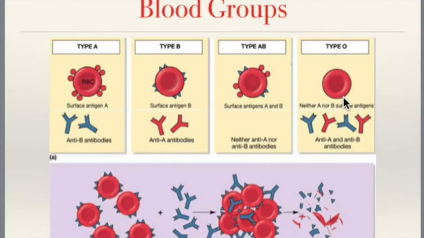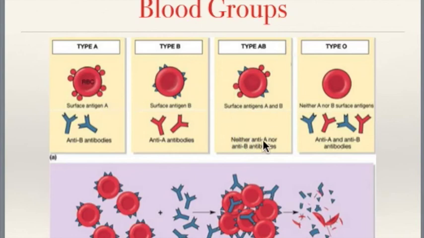Okay, what if I give type O blood to a type B person? The anti-A antibodies in the recipient have no antigen to react with. So severe agglutination will not occur. And again, remember, type O cells have no antigen, so they're the universal donor. What if I give type A blood to a type AB person?